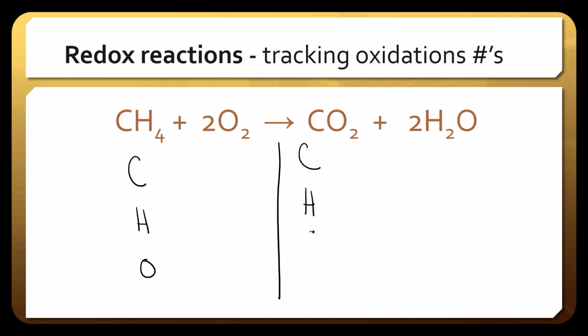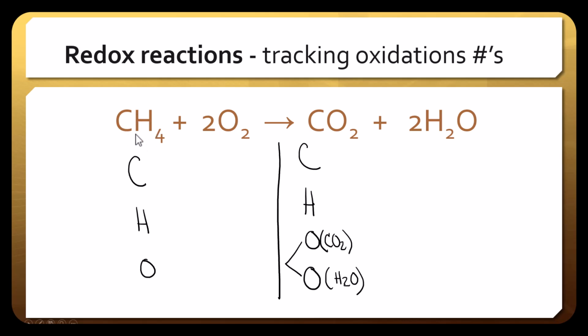One thing to point out here: oxygen appears in two different chemicals on the right-hand side. We have to treat those separately because the oxidation number in carbon dioxide may be different from, or the same as, the oxidation number in water. So we have to treat those as two separate entities.